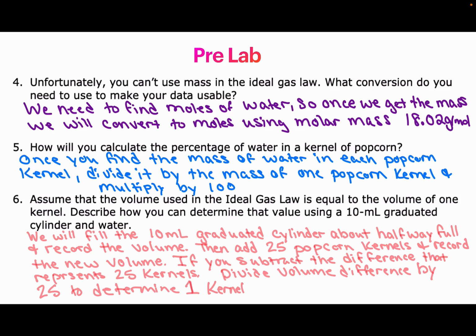And then in order to get the volume of one popcorn kernel, you're going to use water displacement. So you'll set up your graduated cylinder, fill halfway up on a small graduated cylinder, put in 25 kernels, get the new measurement, take the difference from the initial to the final, that's my total volume displacement, and then divide by 25 kernels, and you will have what one kernel is equal to.